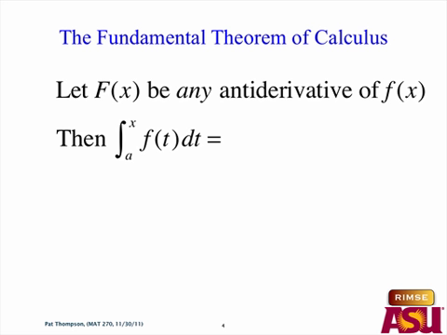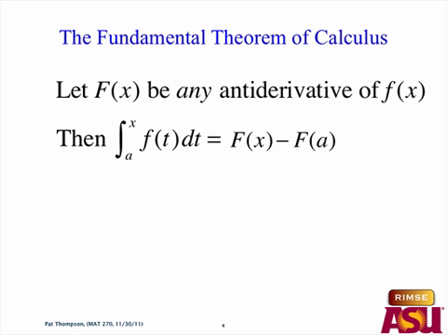All right, so it's all about what the open form accumulation, exact accumulation function equals, right? That's what the fundamental theorem is about: we've got this open form accumulation function. Can we write it in closed form? That's what the fundamental theorem is all about, and we've done all the math up till now to say, yes, this is how we can write that open form accumulation in closed form.